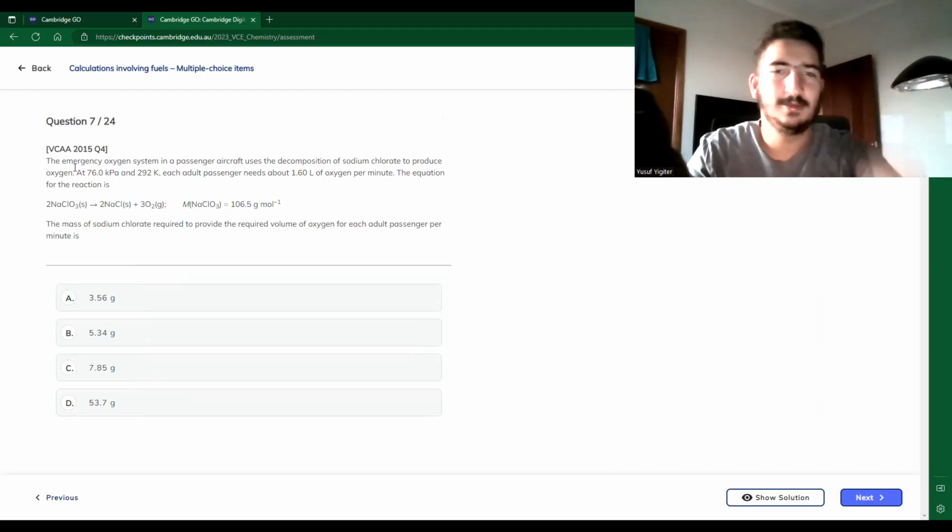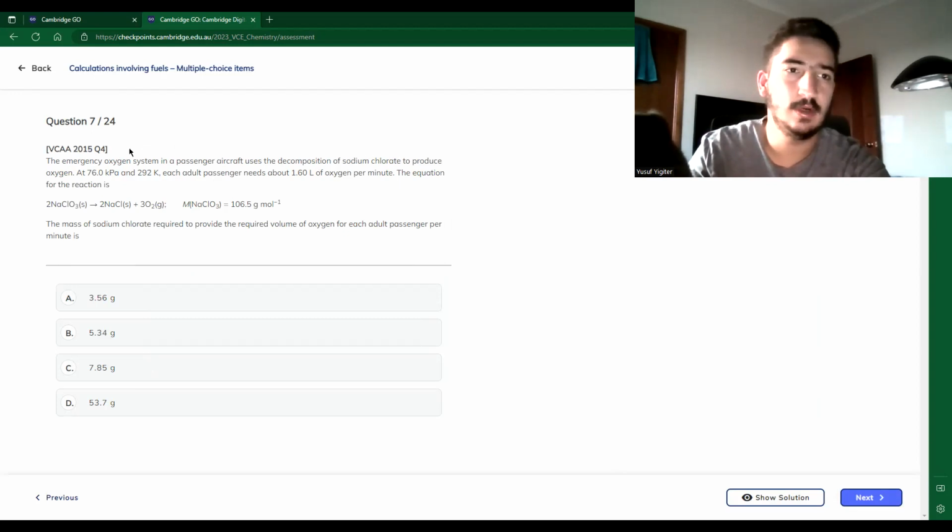Let's study. The emergency oxygen system in a passenger aircraft uses the decomposition of sodium chlorate to produce oxygen at 76 kilopascal and 292 Kelvin. Each adult passenger needs about 1.6 liters of oxygen per minute. The equation for the reaction is given, and the molar mass is for sodium chlorate.